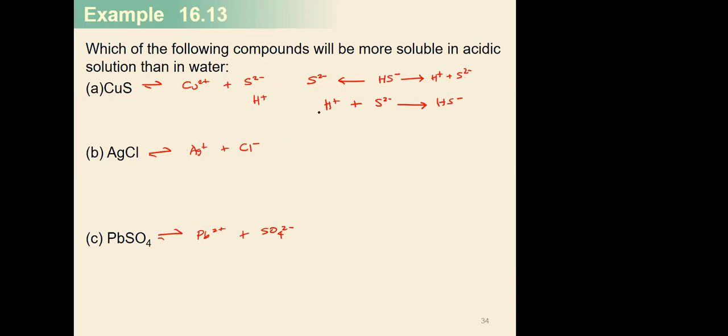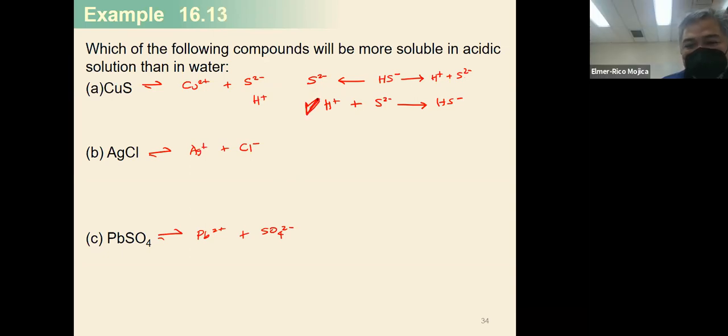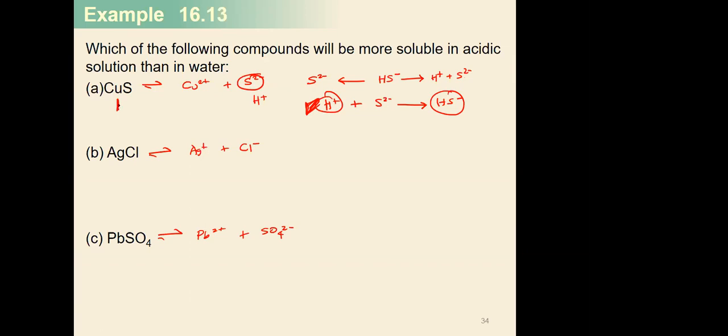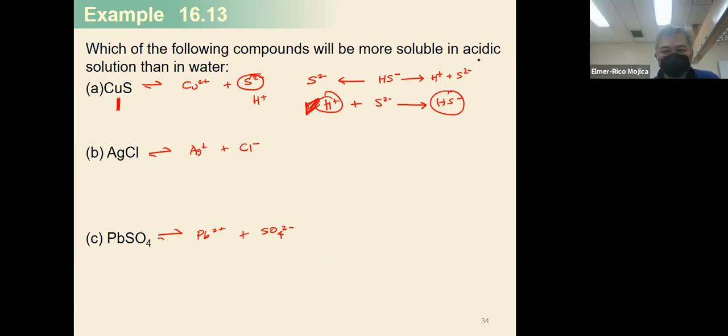Yes, it will. So in an acidic medium, the S2 minus will react with the H plus to produce HS minus. Therefore, what happens to the solubility? Increase or decrease? Solubility increases. How about the others, class?